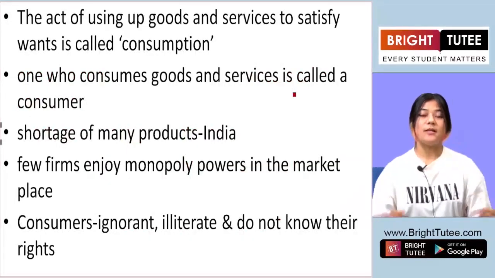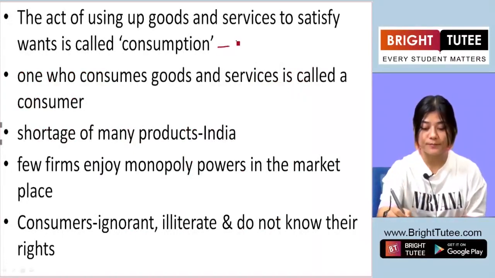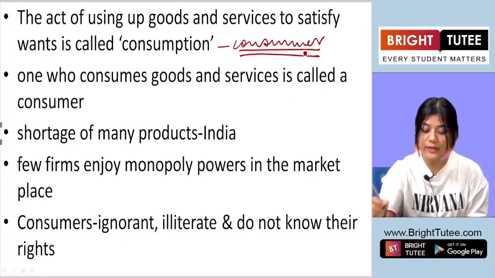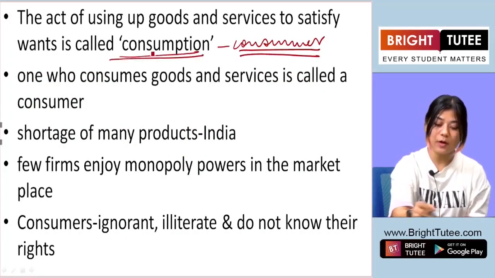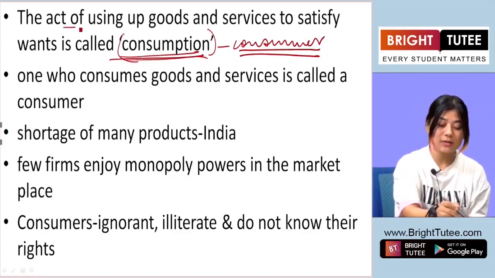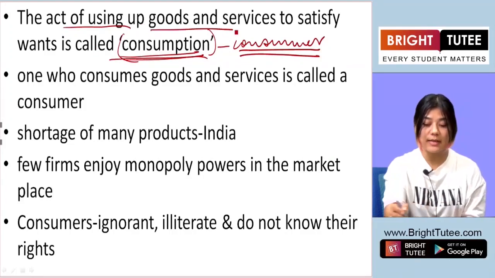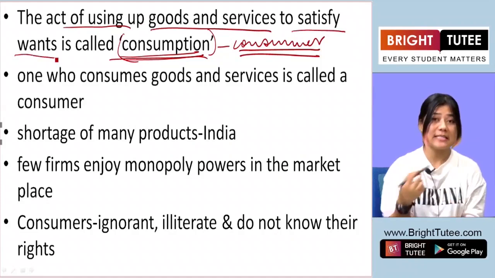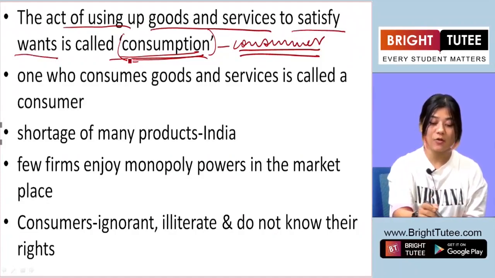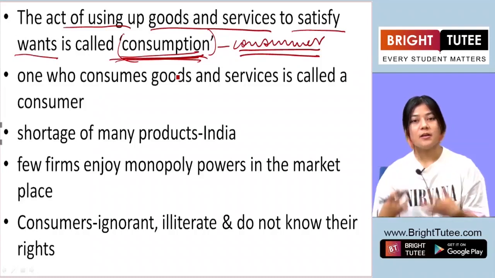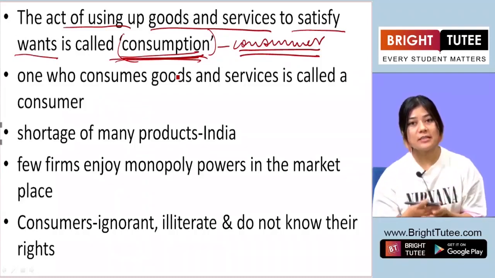Now, when we learn about the word consumer, we are directed to the word consumption. Okay? Now, what is consumption? Consumption is the act of using goods and services to satisfy wants, needs and desires. So, you desire some clothes, you need food.